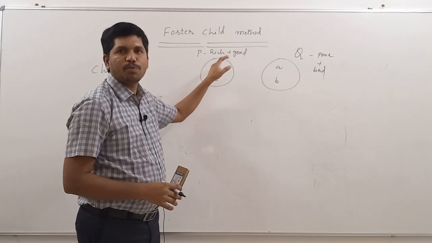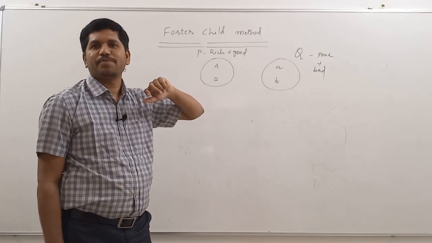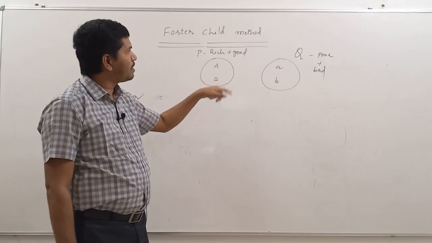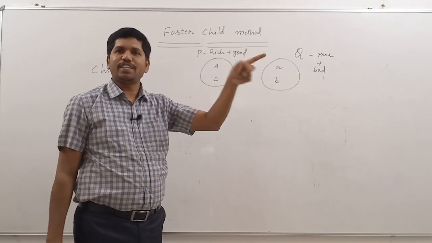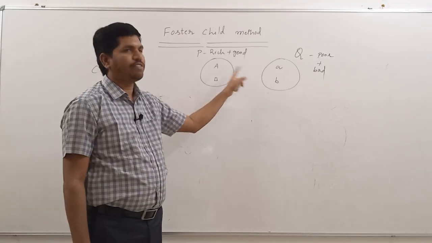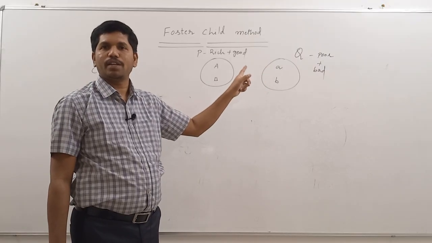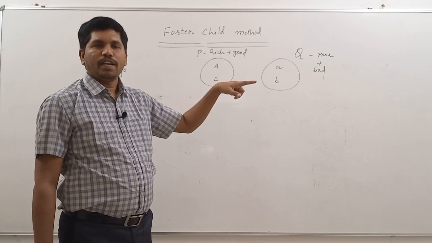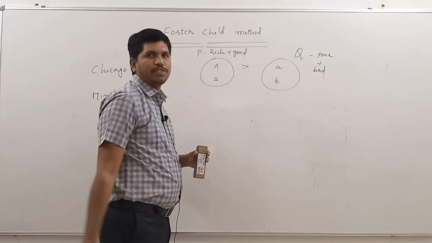But capital A is exposed to one environment, small a is exposed to another environment. That's why whatever variations there are between capital A and small a, those variations must be because of environment. Why? Because both of them have the same genetic component, but they have different environmental components. In reality, they observe that in capital A there is more intelligence.